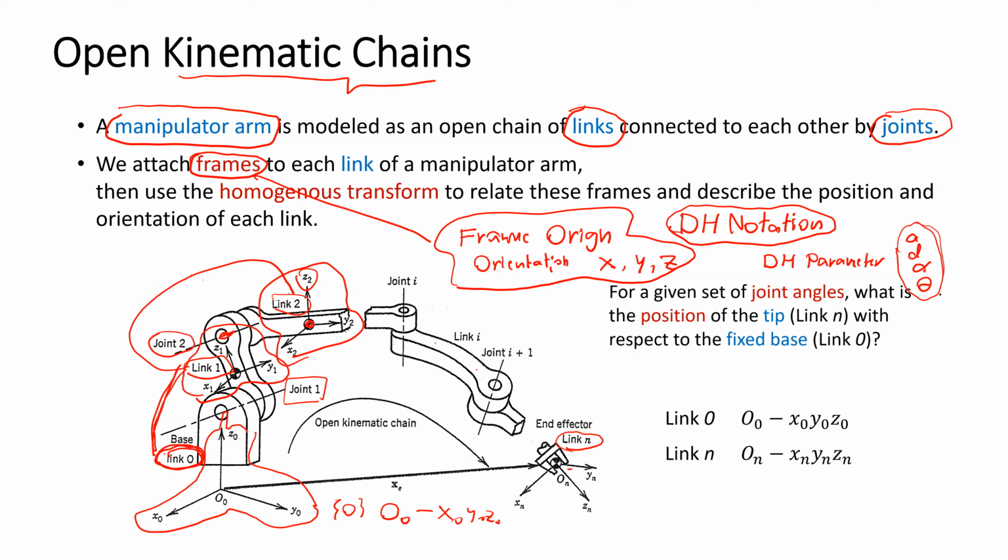And from these 4 parameters, yes, we can compose the homogeneous transform of that link, the 4x4 matrix of the homogeneous transform of that link. And the homogeneous transform will relate just the frames. For example, the homogeneous transform of this link will relate link number 2 to link number 1.